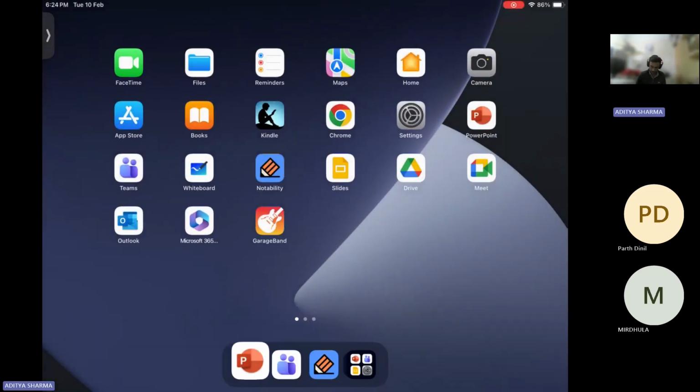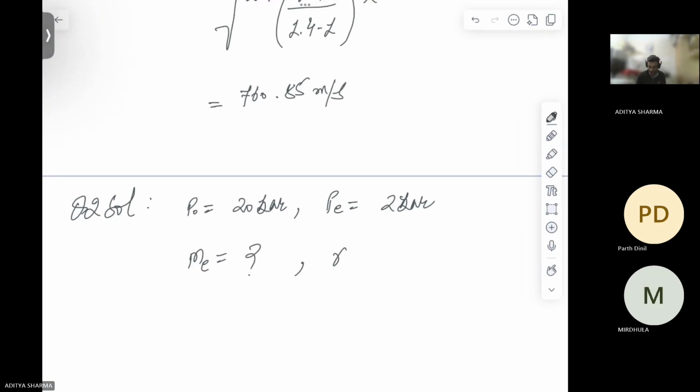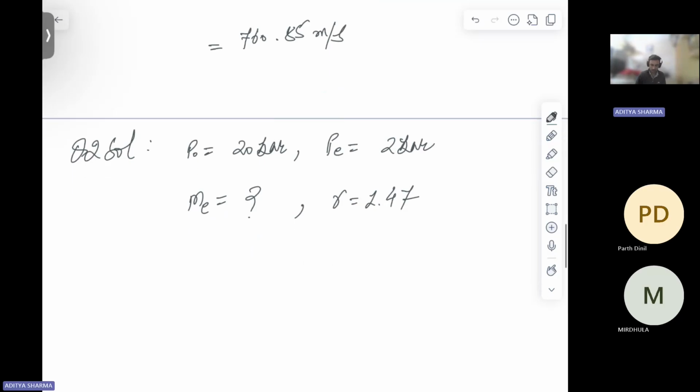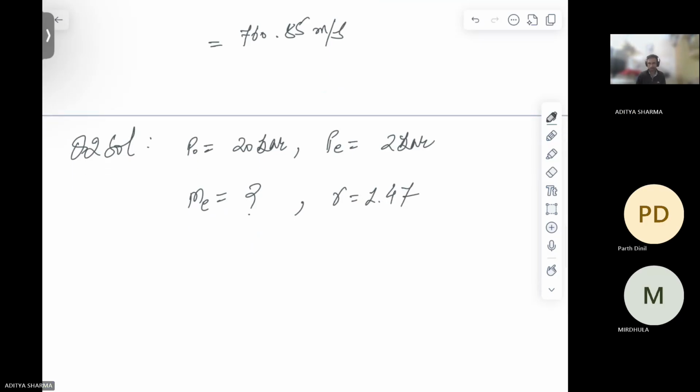And gamma is 1.47. This has been asked. Now what do we do? Exit Mach has been asked. What should we do?